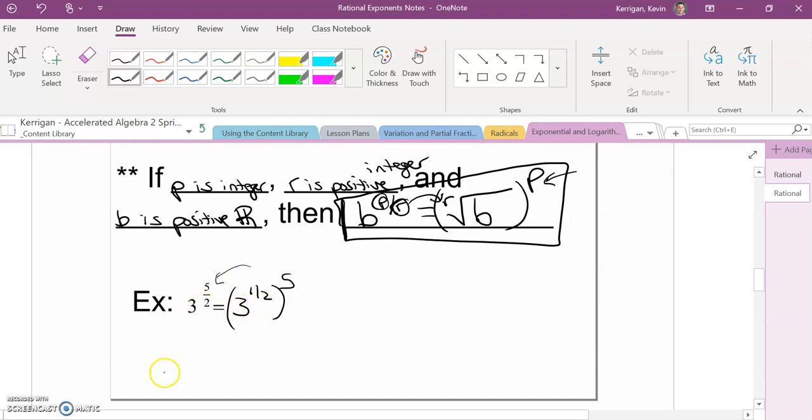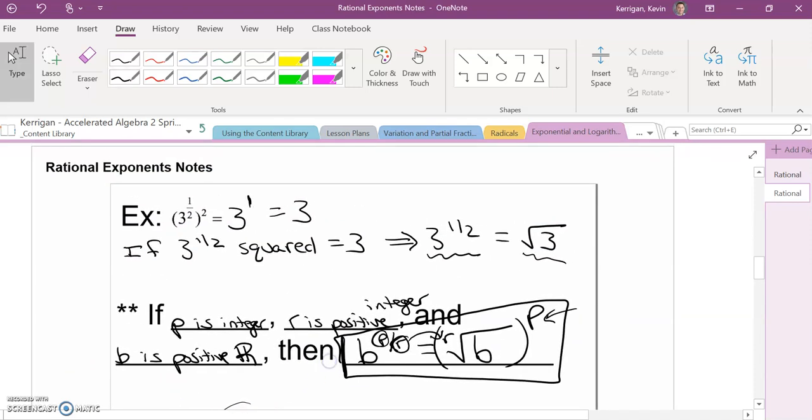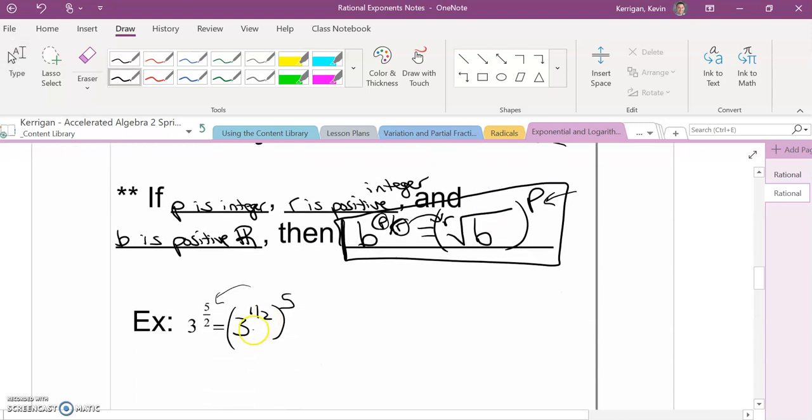What I'm able to do now, from before, if we come up here, we said that 3 to the 1/2 was the square root of 3. Well, here I have 3 to the 1/2, so that is the square root of 3 again, and then I have to the 5th power. Okay? So instead of having to break it all the way down to 3 to the 1/2 and realizing that's the square root of 3, I can immediately go from exponential form to radical form just by this fact up here.